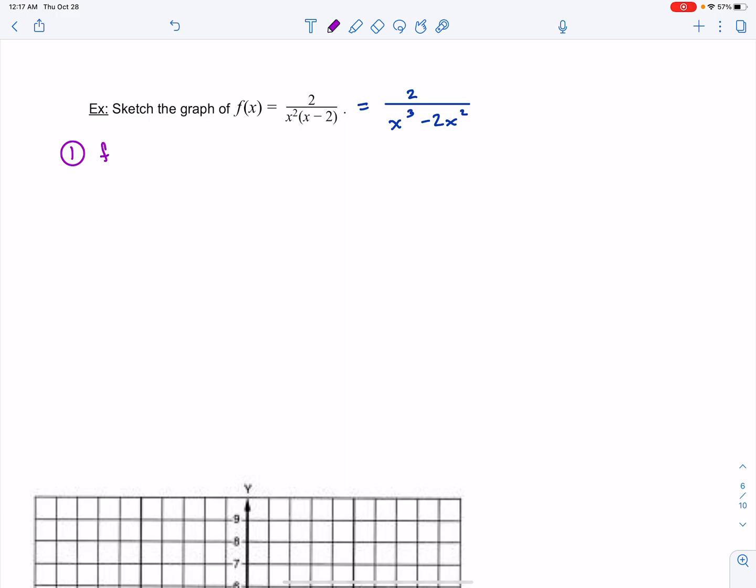If we evaluate our function at 0, we'd have 2 over 0 cubed minus 2 times 0 squared, which would give us 2 over 0, which is undefined, which means we have no y-intercept.